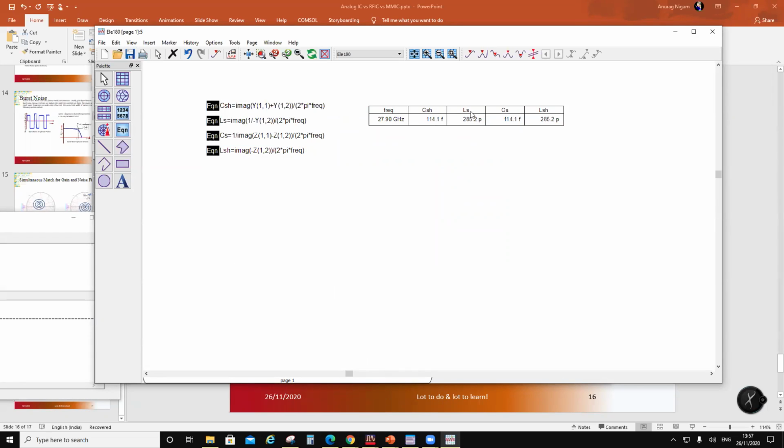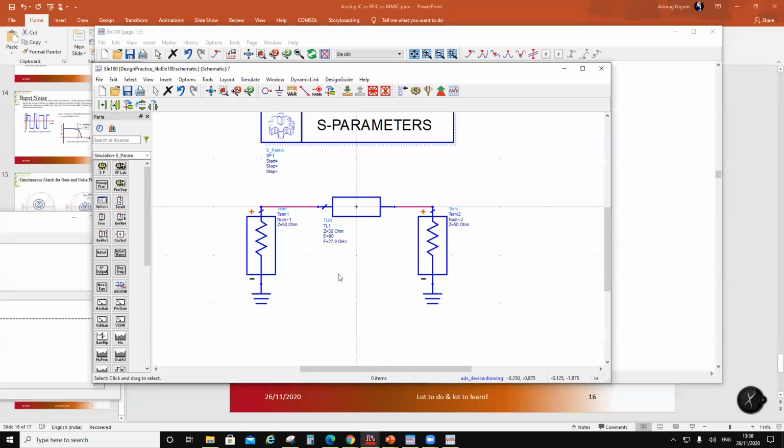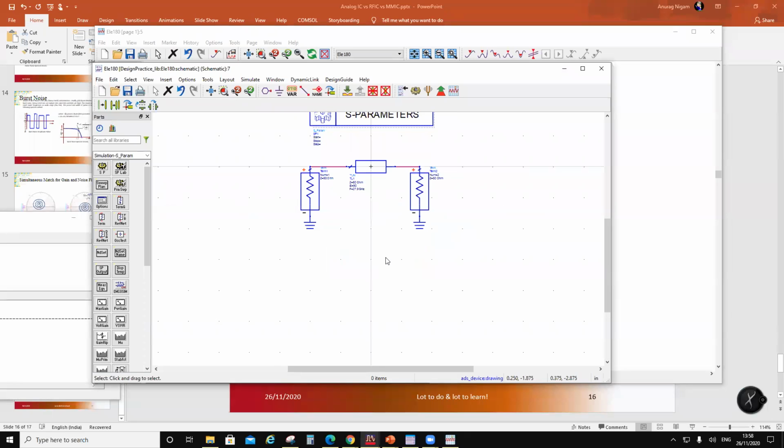Okay, so I have these values. So I'm going to put a low pass element, which is a pi element here, and a high pass element, which is a T element here, right? So a low pass and a high pass element. Okay, so let's do it this way. Let's do a high pass, low pass element. Okay, so I would pick a capacitance.